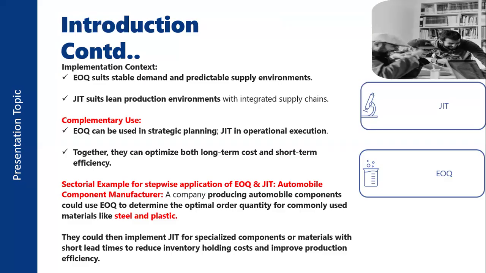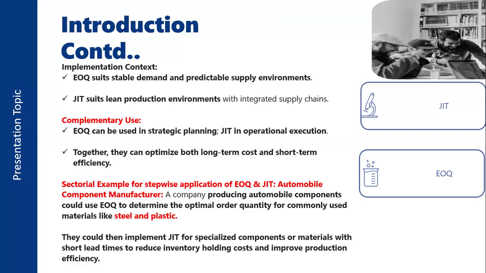Now, as we talked about, this will be a company-based case situation and discussion, coming to a conclusion. On that path, we will find examples of an automobile component manufacturer using these two concepts of material management, working together and producing together for effective products in the market.